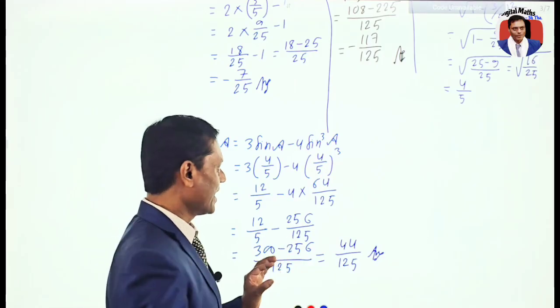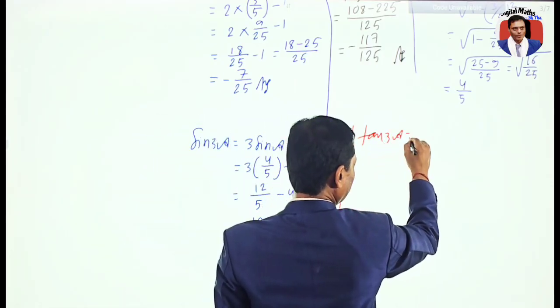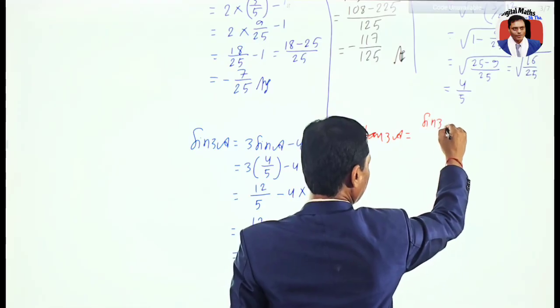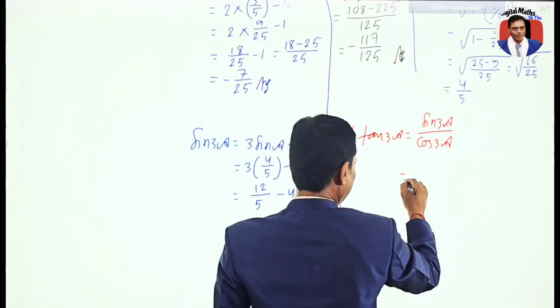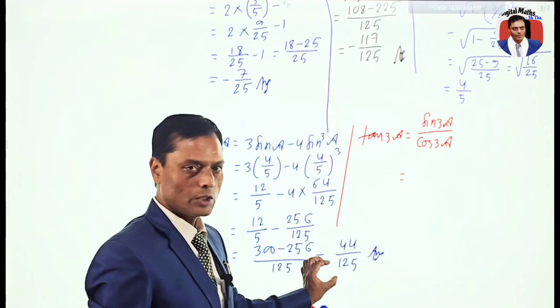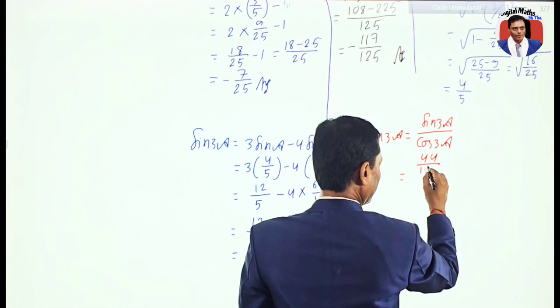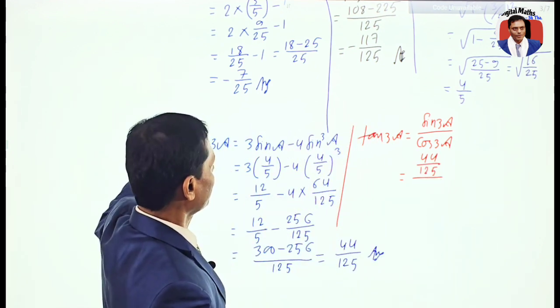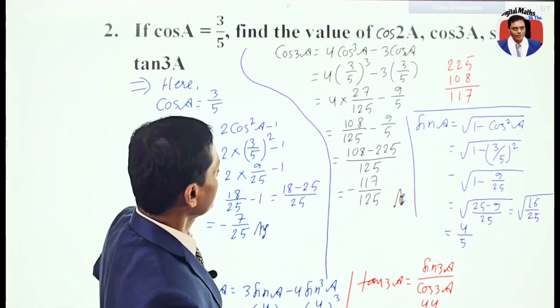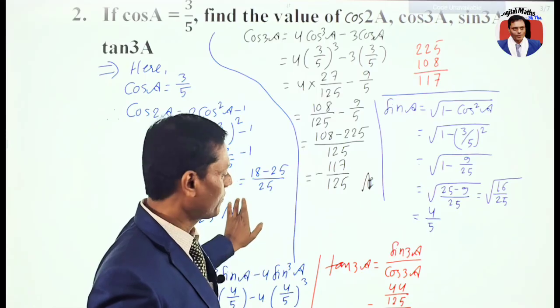But under this condition, you can do tan 3a equals sine 3a over cos 3a. Sine 3a we have recently got, that is 44 over 125, and the value of cos 3a, have a look here, we have already got minus 117 over 125.